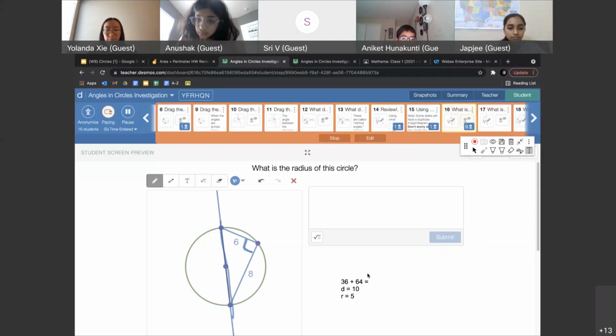Oh, I got it right. Yeah, good job. I think 2 people said 5, so good job. I got 7 because I thought you could add the 6 and the 8 together and it would make the whole line. So if that was 14, then since the radius is half of the diameter, I thought it was 7.